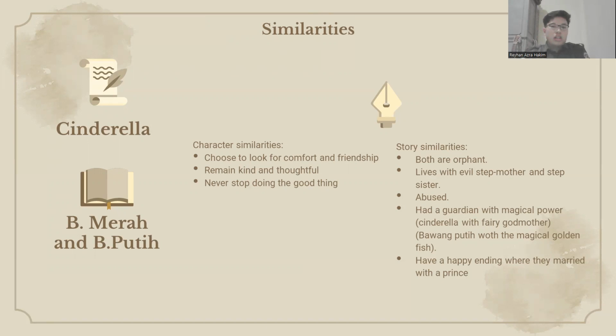Also, the last similarity is that both of the stories have a happy ending where they marry a prince, even though the way they got this ending is a bit different: Cinderella with her glass shoe, Bawang Putih with the golden tree.